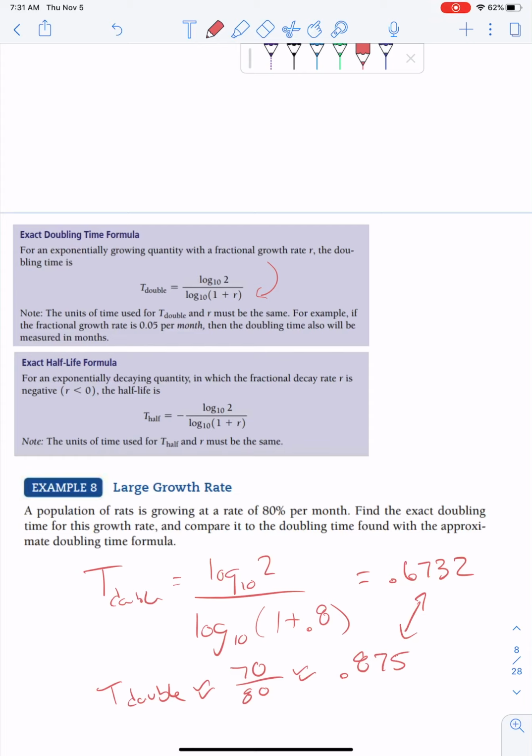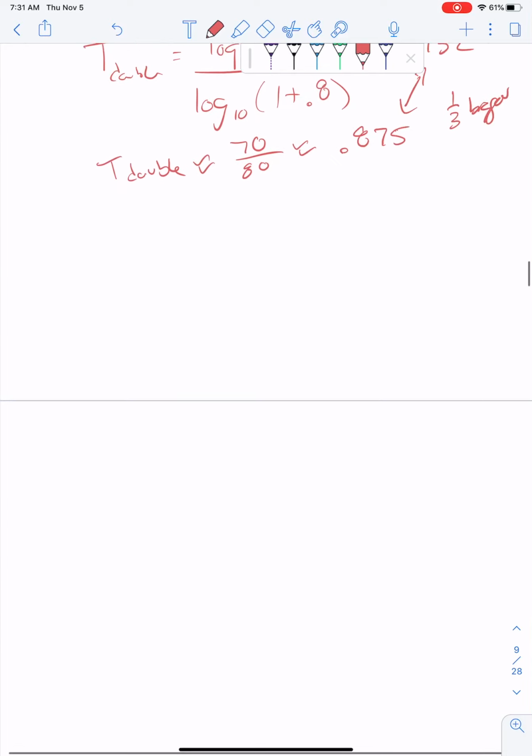They're both decimals. But this 0.875 is about a third bigger than our exact doubling time. And remember that the approximations don't work very well when you have percentages bigger than 15. And we're using 80%, which is a lot bigger than 15. So that makes sense why that one wouldn't be a very good approximation.